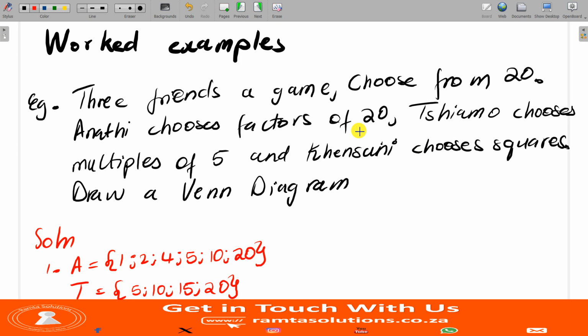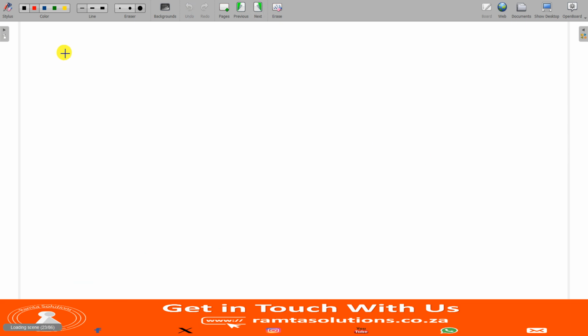Kensani is choosing squares. 1 square is 1. 2 square is 4. 3 square is 9. 4 square is 16. 5 square is 25. So we're going to stop it here.